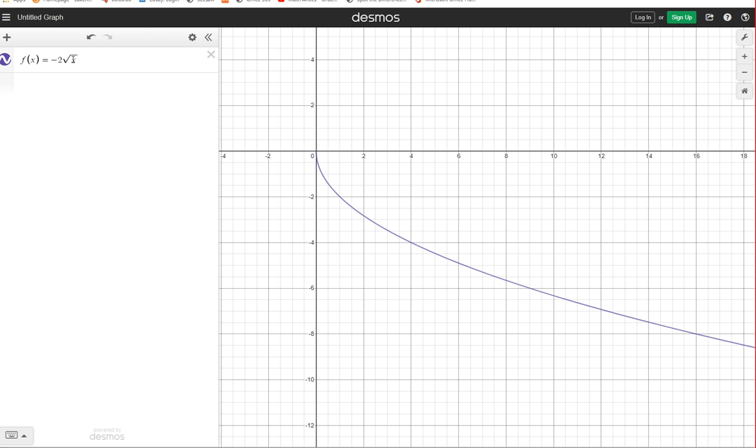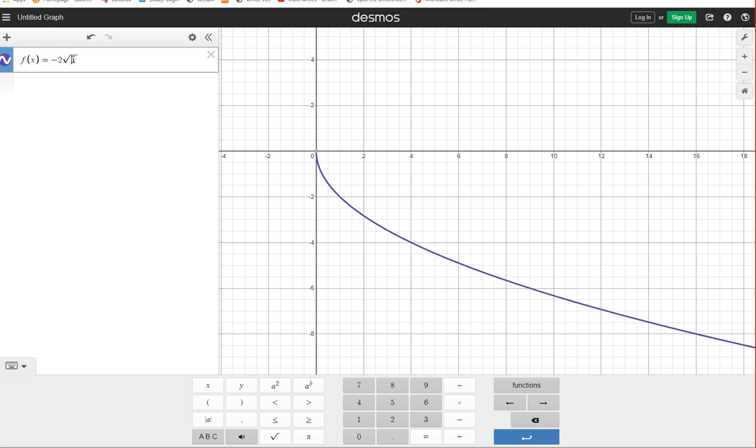Okay, let's keep going. Let's put some brackets around this x. Okay, let's put some brackets around that x. And now in front of that, let's put a, I don't know, let's put a 3. So what that's going to do is divide all of my x values by 3.